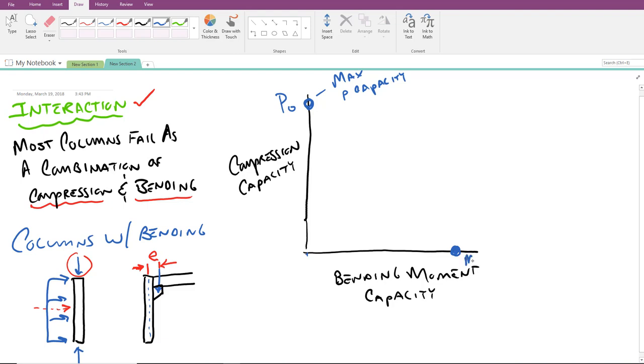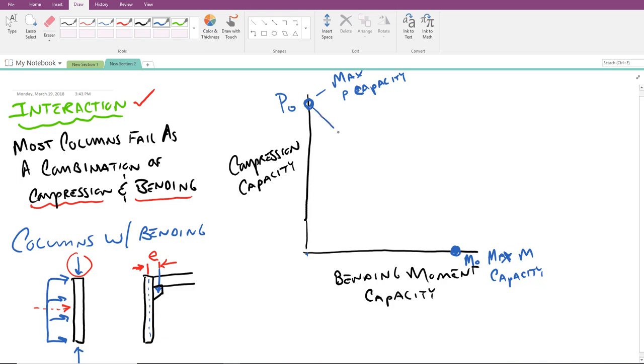And so in this case, we'll use M for moment, and this would represent the maximum moment capacity. P for point load capacity, M for moment capacity. And again, both of these occur when the opposite effect is 0.